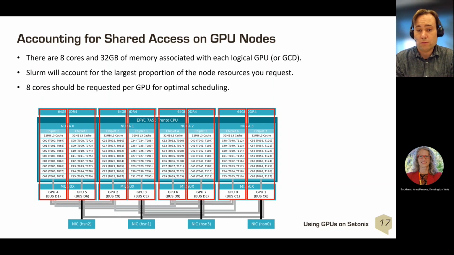So if you're asking for half of the memory, and less of the cores or GPUs, then you'll be accounted for half of the node, and similarly for the cores or the GPUs. So whichever the greater proportion is, that's the amount that will be charged through Slurm. And we strongly recommend requesting 8 cores per GPU, even if you aren't planning to run on them, because this will result in more optimal scheduling for everyone making use of the shared access.